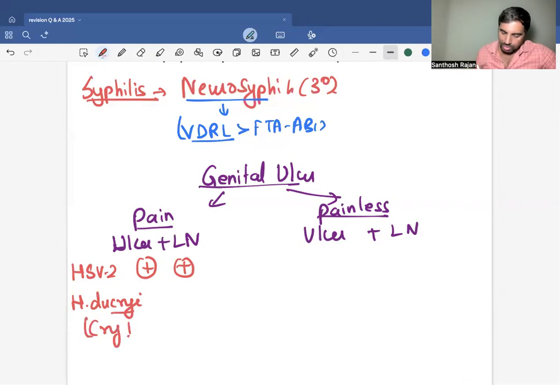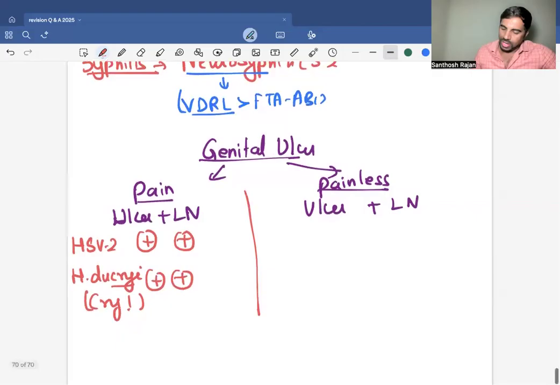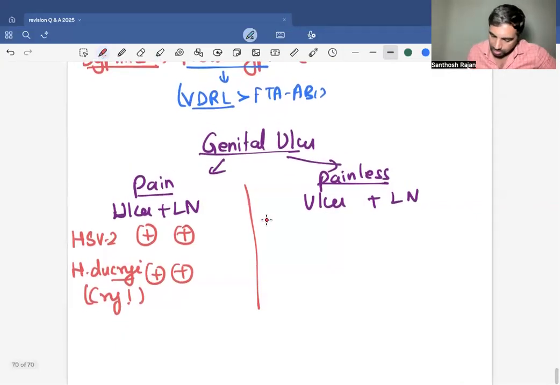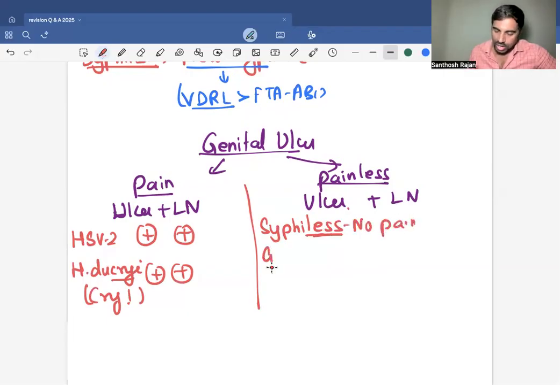Crying, because it's painful. So both the ulcer and lymph node are painful. Painless: syphilis. Both ulcer and node, no pain. Syphilis and also granuloma inguinale, Klebsiella granulomatis. Both are no pain.